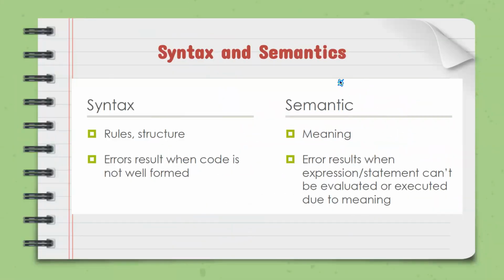So this is a key concept to actually understand regarding Python. It's important to know the difference between syntax and semantics. So syntax would be basic rules and structure, and errors result when code is not well formed, while semantics would be the actual meaning. So errors result when an expression or statement can't be evaluated or executed due to meaning.